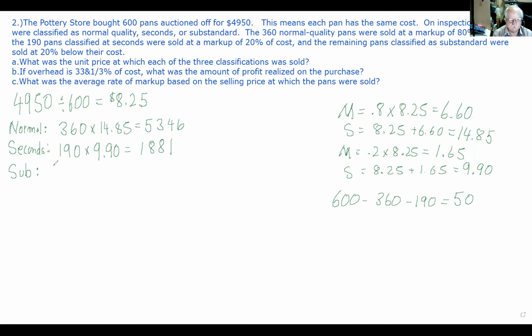So we're going to take 50 of them, and we have to figure out their cost. They were sold at 20% below their cost. So that would be a discount. So the selling price here would be a discount, 8.25 times 1 minus 0.2.